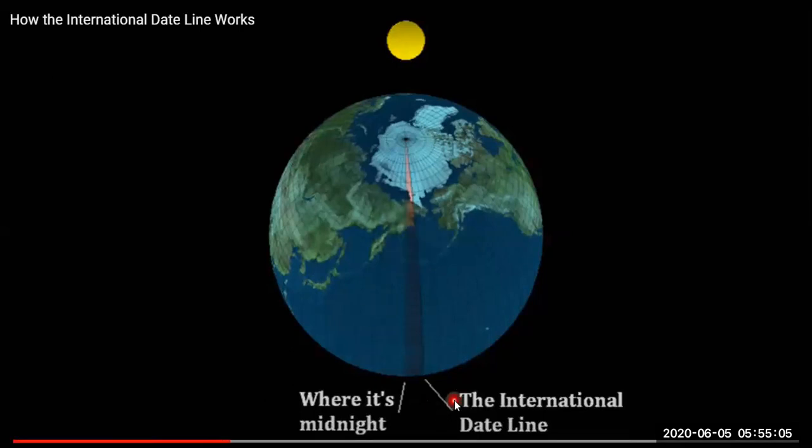Here at this point, where it is midnight, the international dateline starts, and on this east side the red area is increasing, meaning the day increases towards the east.